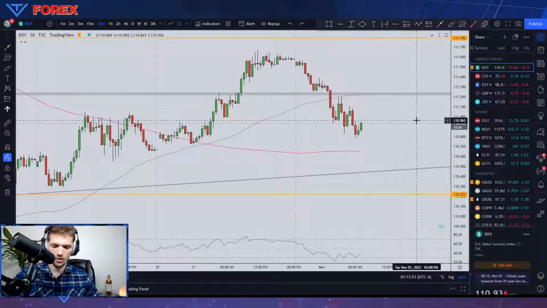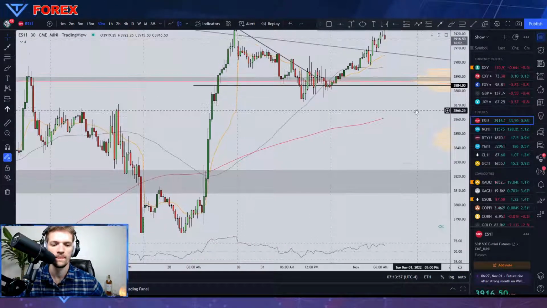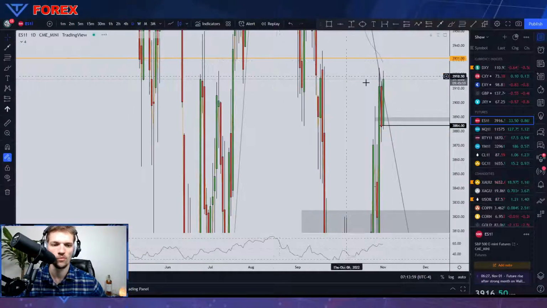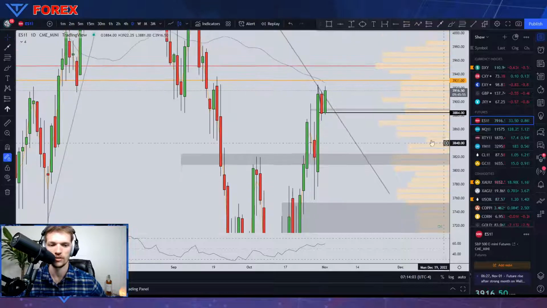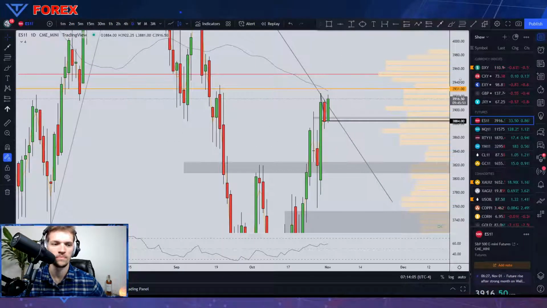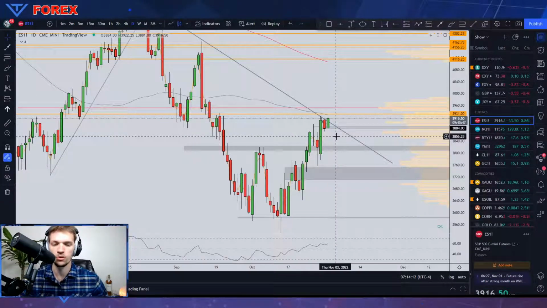Let's take a look at the equities now, see what the equities are up to this morning. Looking at the daily, yesterday closed bearish. Had a nice retest of this breakout here at 38.75, and now today we're pushing bullish.